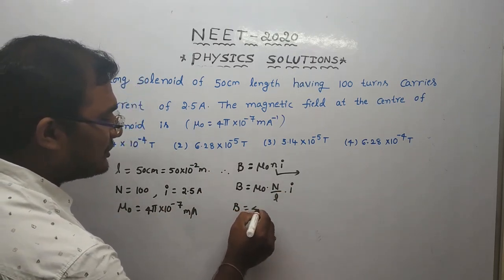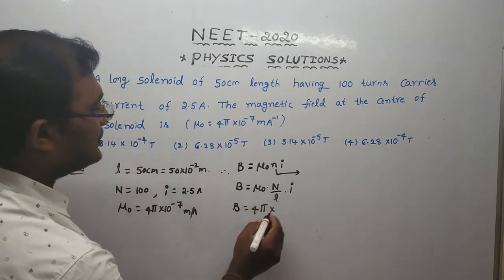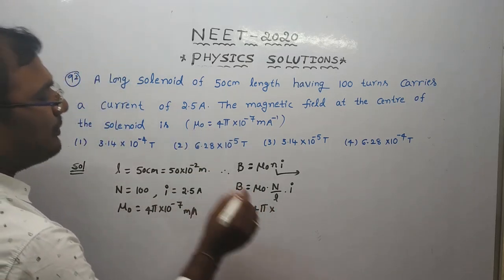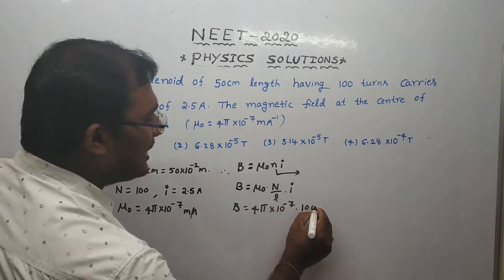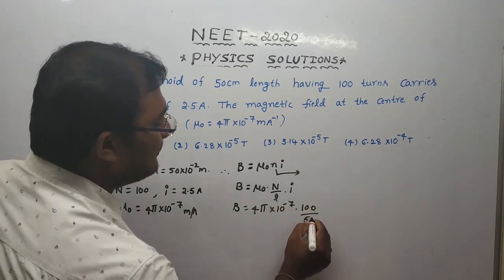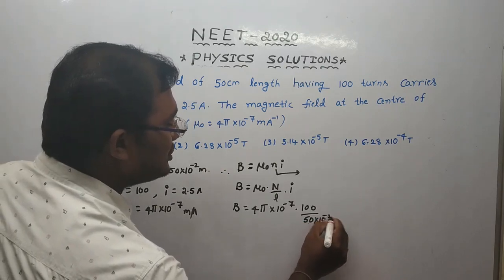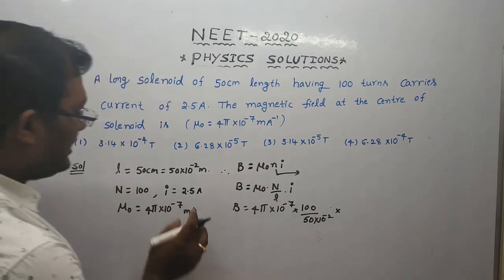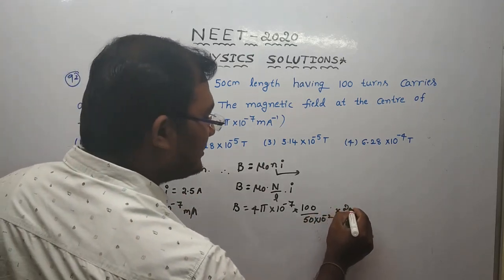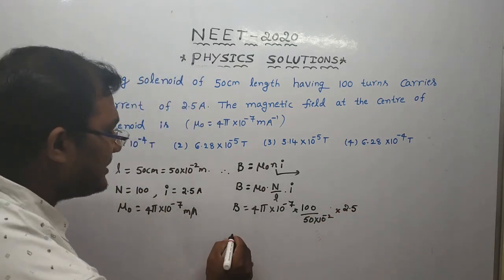Therefore, B equal to 4 pi into 10 to the power of minus 7, N equal to 100 by 50 into 10 power minus 2, into I equal to 2.5 amperes.